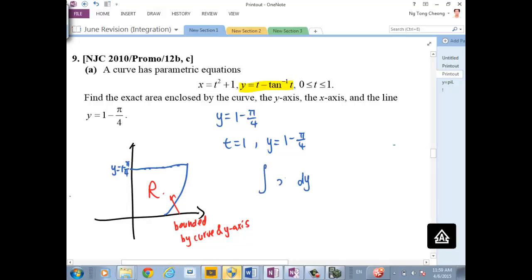And how is the whole region bounded? It is when my y is equal to 0 to 1 minus power 4, correct? So if I want to find the area, I'm going to integrate with respect to my y-axis, and this is the formula that I'm going to use.